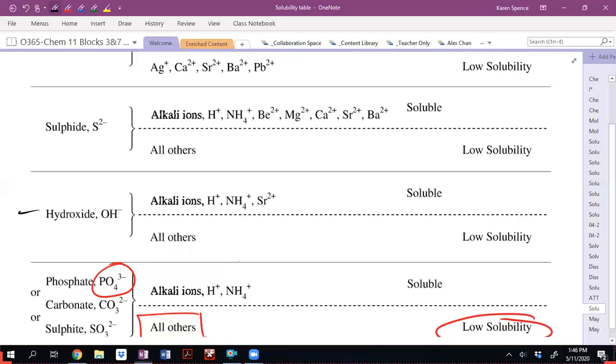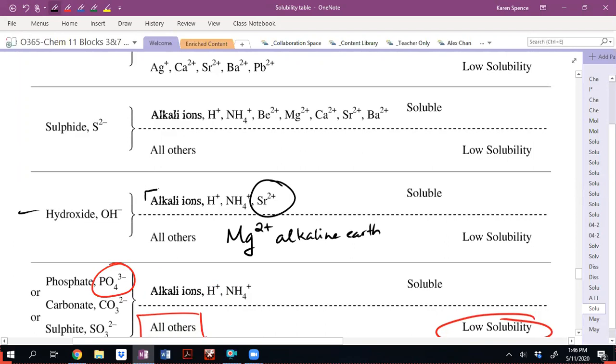So for strontium, it's soluble. That was one of our reactants, and it is soluble. The alkalis are soluble, but magnesium is an alkaline earth, not an alkali ion. Your alkali ions, and don't be shy about writing them in, are lithium, sodium, potassium, rubidium, cesium, and francium.